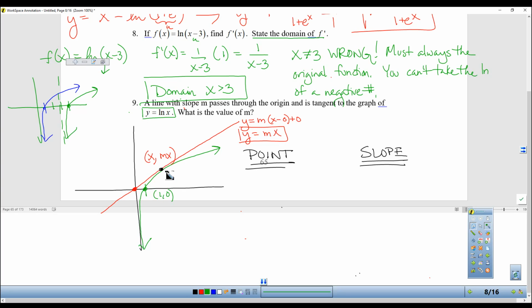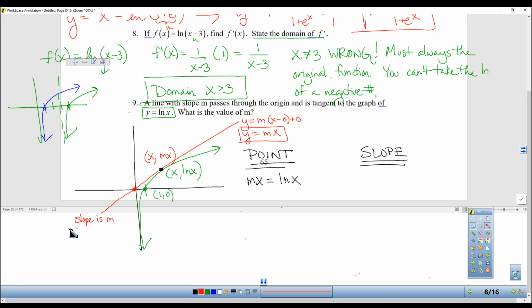If it's on the curve and you knew x, how would you get y? Ln of x. So we know from this that mx is equal to ln of x. That's our first equation. We need two, since we have two unknowns, m and x, we need two equations. So the second thing that we know is that for the red line, the slope is m at every point.